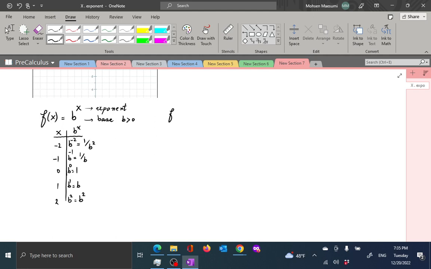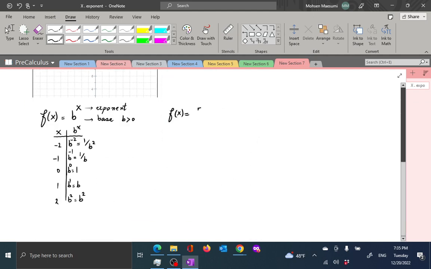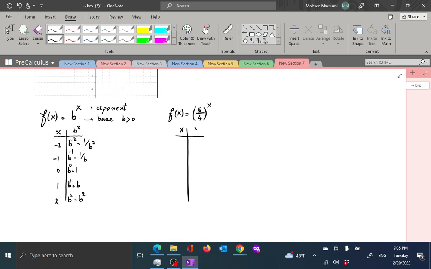So for example, if I have f of x is 5/4 to the power of x. Here are x and y. So 0, 1, 2, this is going to be 1. This is the base.